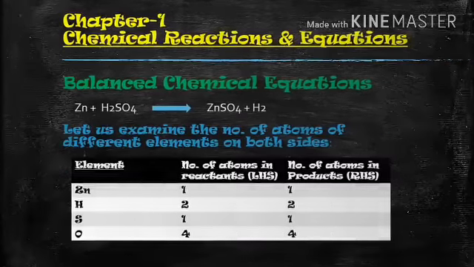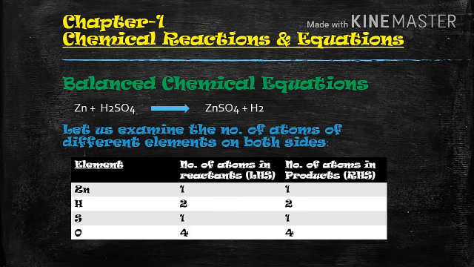Now we come to another important topic, which is called balanced chemical equation. A balanced chemical equation means chemical reactions which have different types of elements have the same number of atoms in reactants as well as in products.